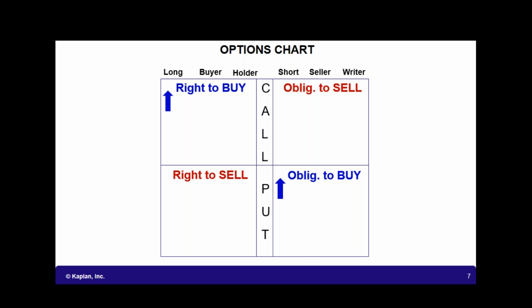Now, on the flip side, if you're selling the security, whether you have the right or the obligation, you definitely want to make sure you don't sell it and the price goes up. You want to sell and then the price goes down. So you're anticipating the price going down if you buy a put. You're anticipating the price is going to go up if you buy a call.